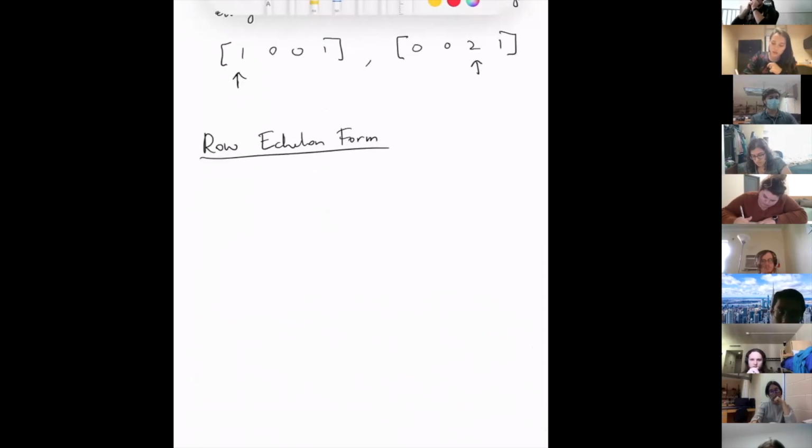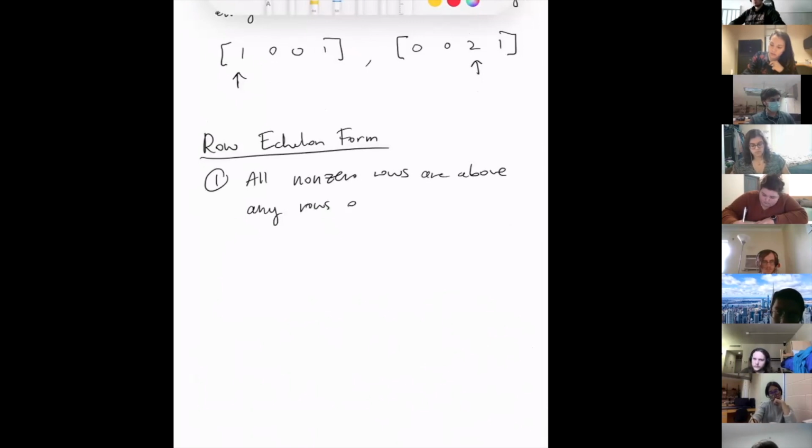Okay, so there are three conditions. We need to have that all non-zero rows are above any rows of all zeros. So if you have any zero rows, they're all the way at the bottom.